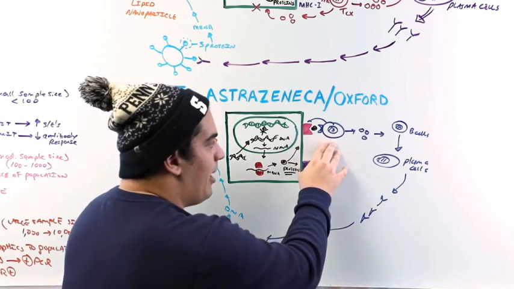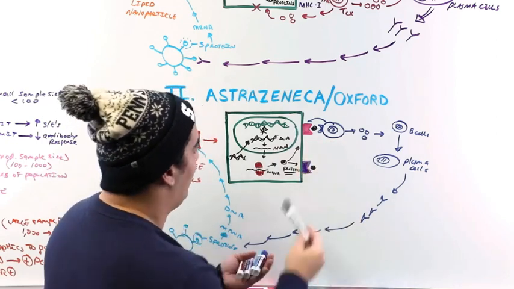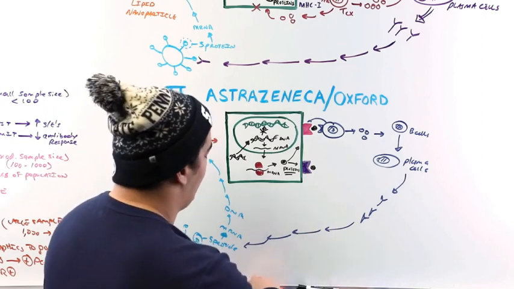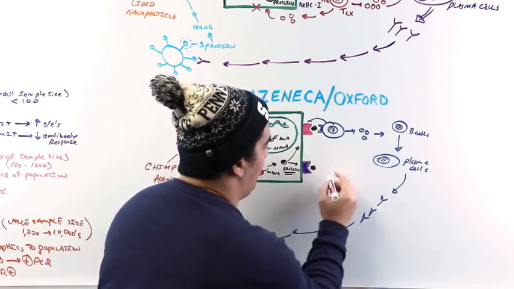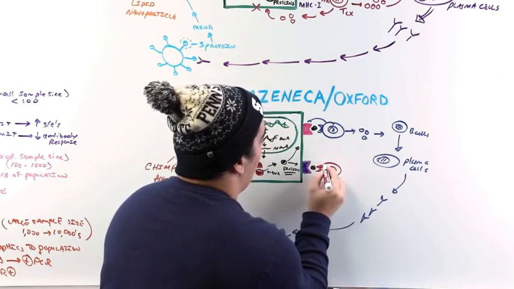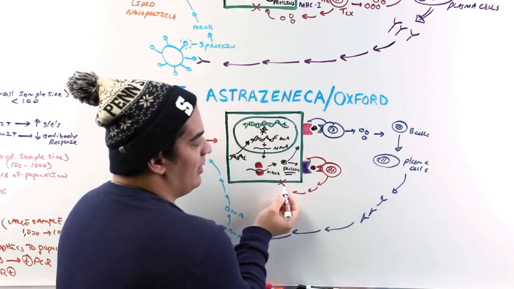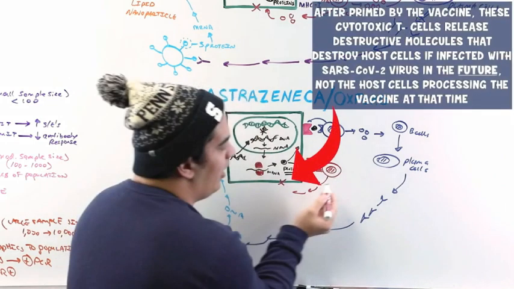Right? And you're generating memory T cells as well. So a lot of that stuff is still happening. The other thing is you still have those cytotoxic T cells. And those cytotoxic T cells are still going to be interacting with the MHC1 complexes. And again, when they're doing that, they're still going to be releasing destructive molecules that cause the damage of this host cell.